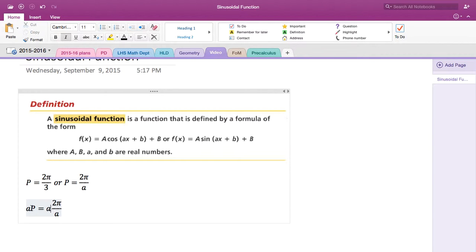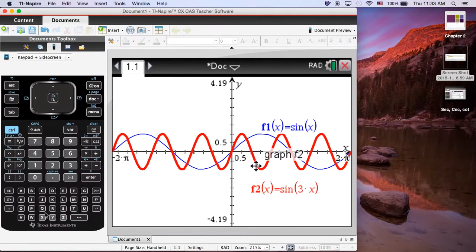A divided by A makes 1, so the right side will be 2 pi. Then I'm going to divide both sides by P, and P divided by P makes 1. A times 1 is A. So now we have A equals 2 pi over P. So A equals 2 pi divided by the period, or P equals 2 pi over A.